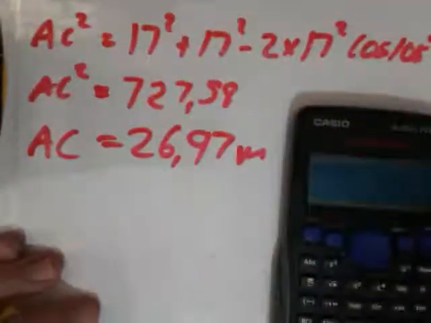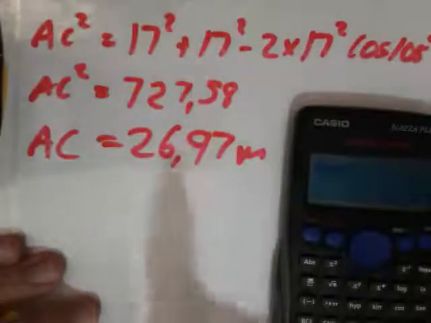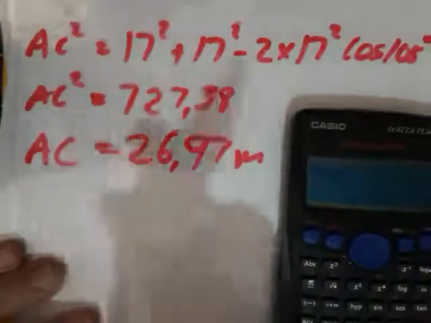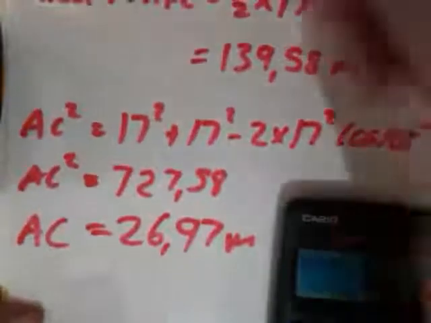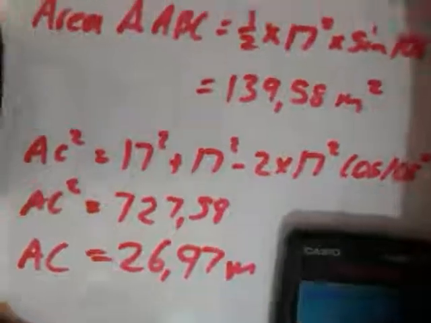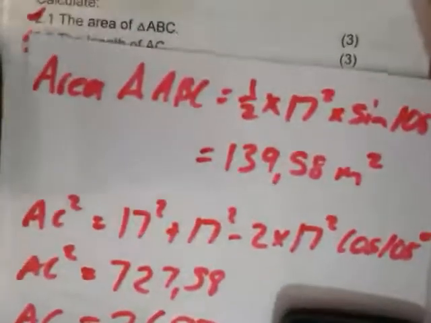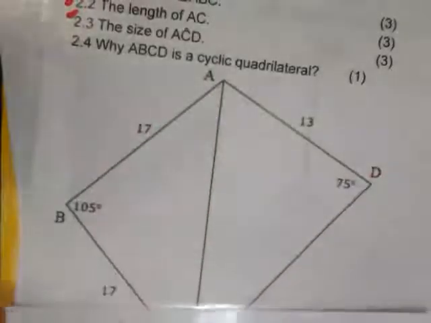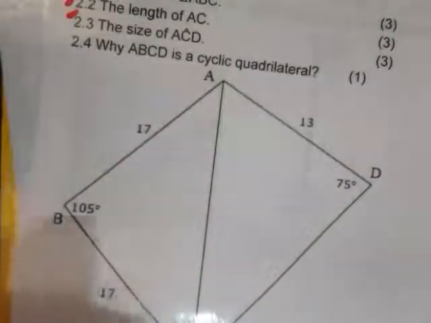Okay. And then we don't have to write all the decimals and work with rounding errors. So the next thing to calculate is the size of angle ACD.